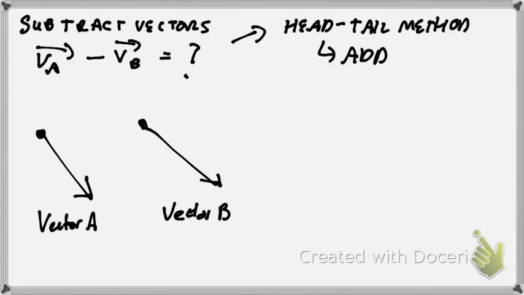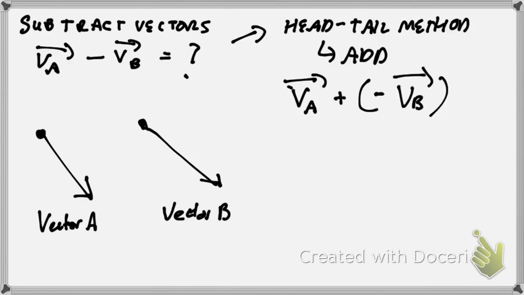The way you would do that is you would add vector A plus the negative of vector B. And the negative of vector B would be the opposite.